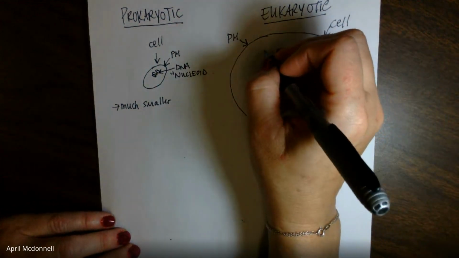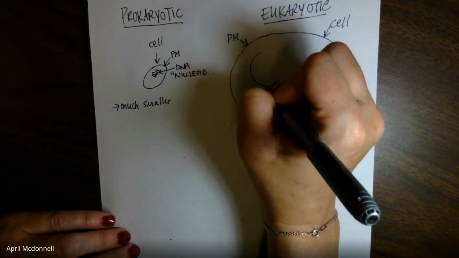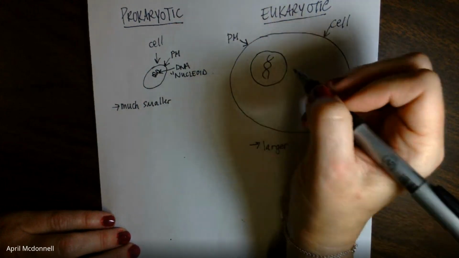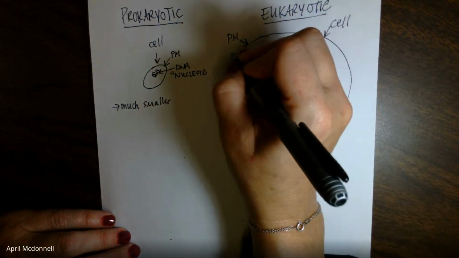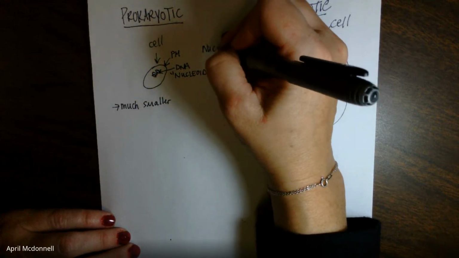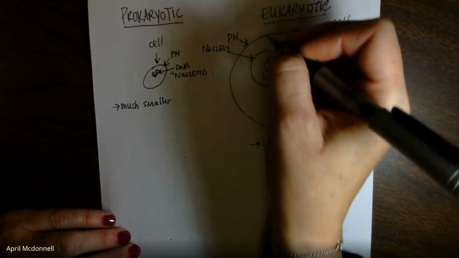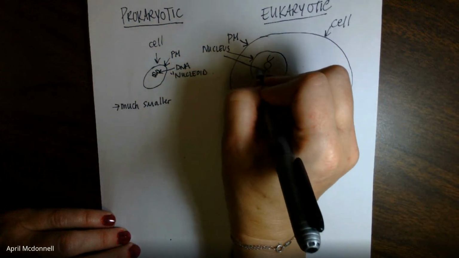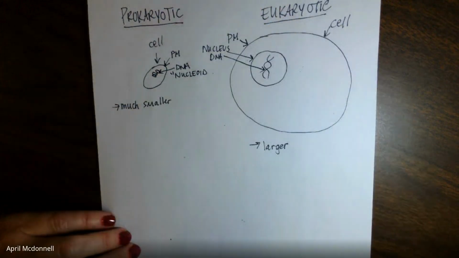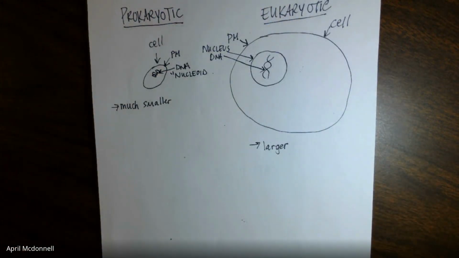The eukaryotic cell has DNA that's going to be found inside of a structure called a nucleus. So for the eukaryotic cell, the DNA is found inside of the nucleus.